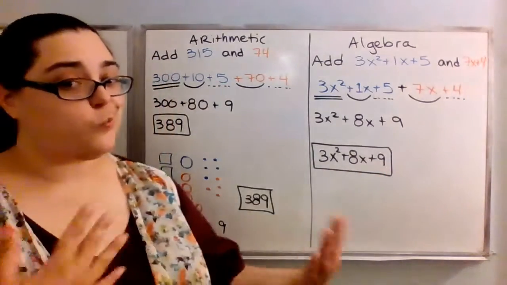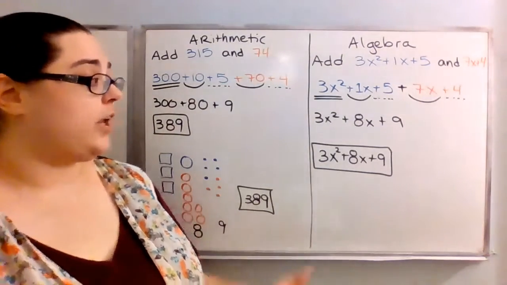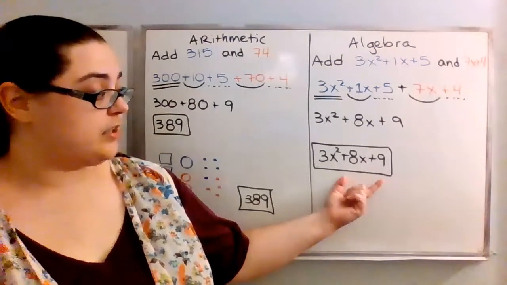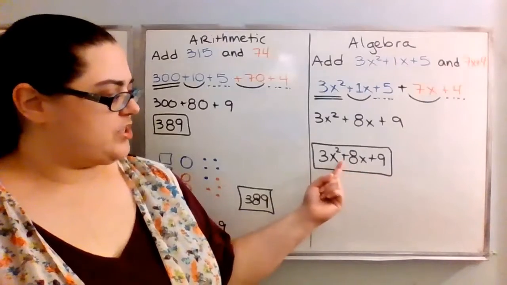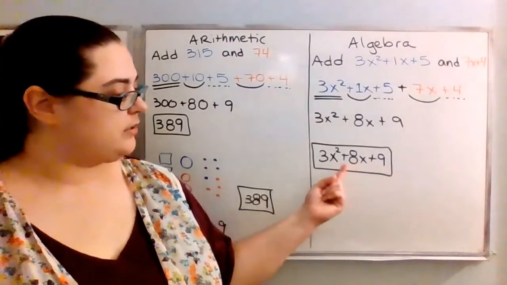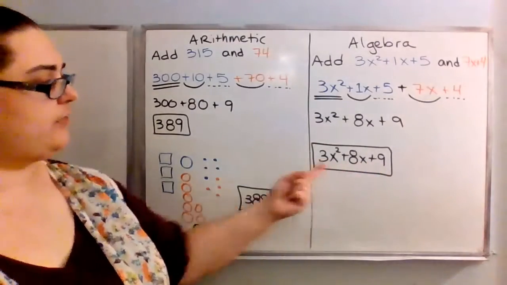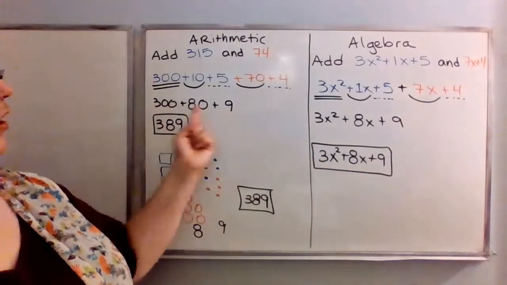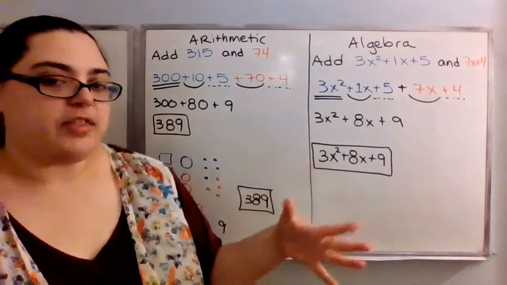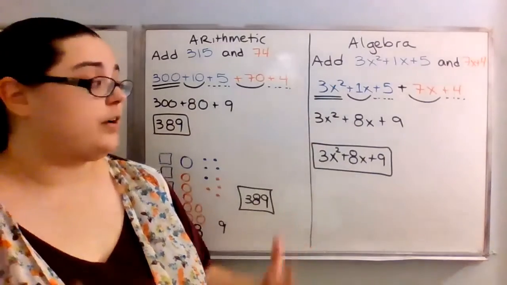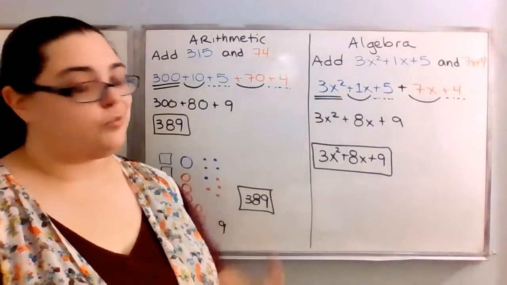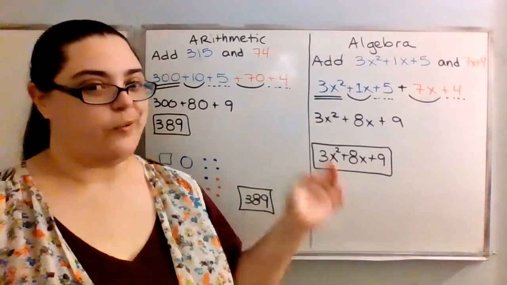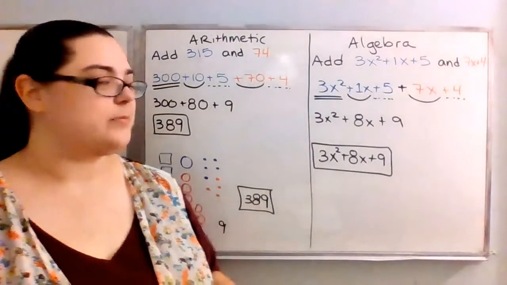So we can see there's one thing that's different in the algebra answer, in that there are still these plus signs in our answer. So our answer kind of looks more like the step just before our final answer, but the process of how we arrive there is going to be the same. And the reason we can't add these all together, we'll save for an algebra class.